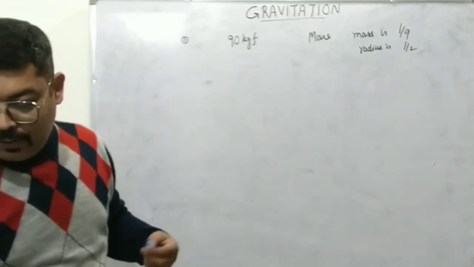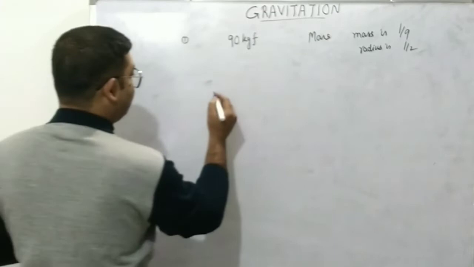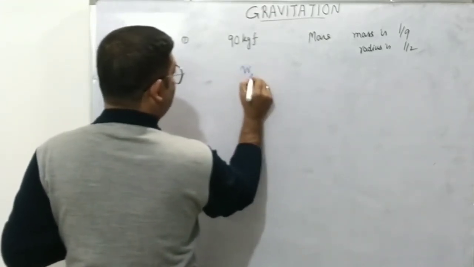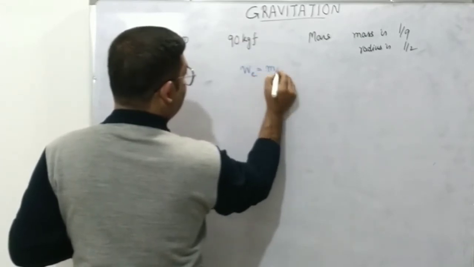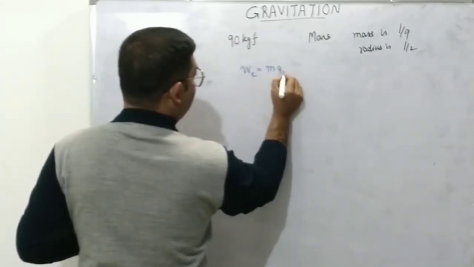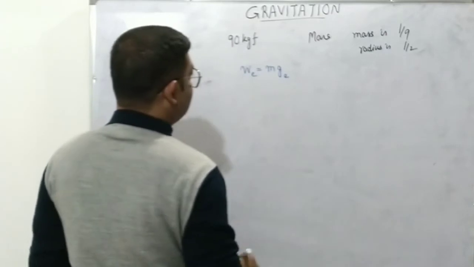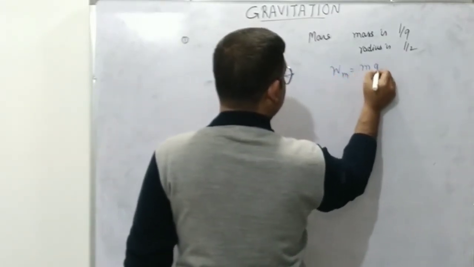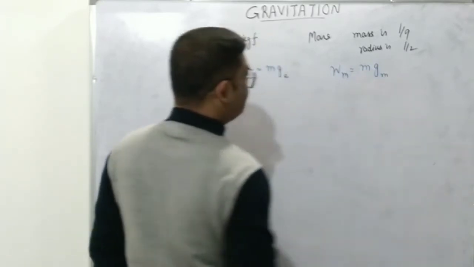Mass of the object into acceleration due to gravity. So weight on Earth will be mass of the object into acceleration due to gravity on Earth's surface. Weight on Mars will be mass of the object into acceleration due to gravity on Mars surface.